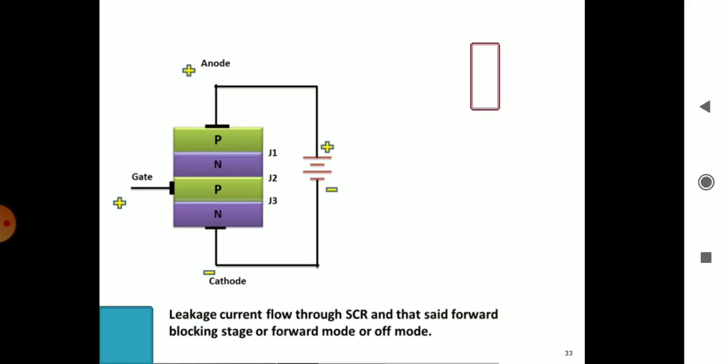So here we are studying the static characteristics of a SCR. Before that we study what happens when we connect a positive terminal to the P layer and negative terminal to the N layer.